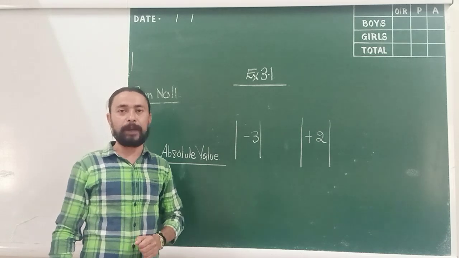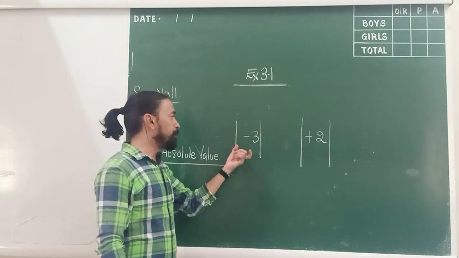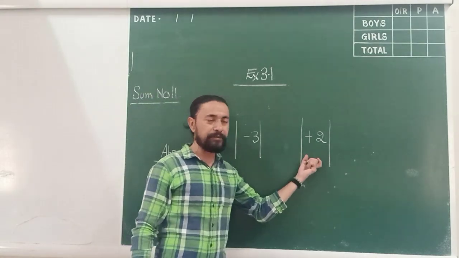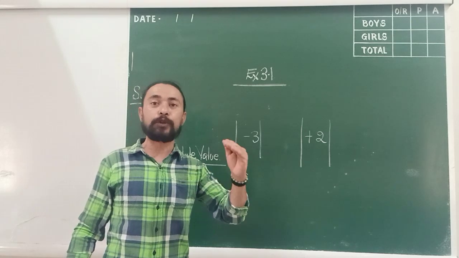What is absolute value? The absolute value of an integer, whether be it negative or positive, is the number of places that it is away from the 0.